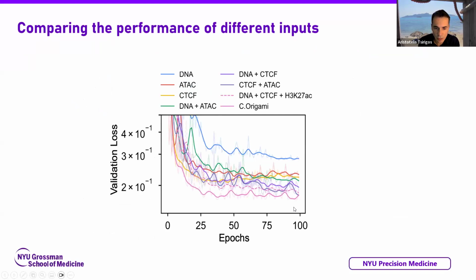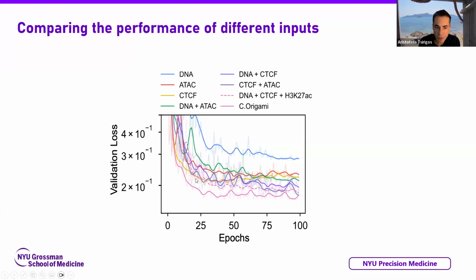So what you see here is the validation loss of our model as it's been trained through various epochs. And what you see overall is that, as you would expect, the validation loss will go down as the model keeps training and fine-tuning its parameters. And what you see with every different curve is the different combination of inputs we tested.